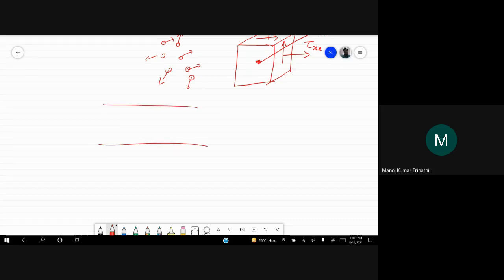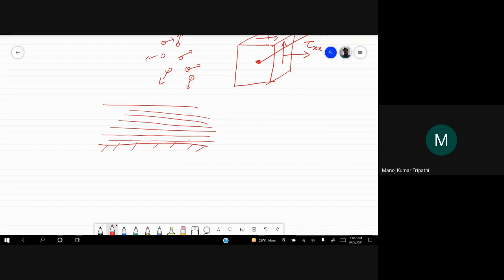If you have a fluid and you can consider it to be made up of multiple layers, which are flowing past each other, and all of them are applying forces on each other.